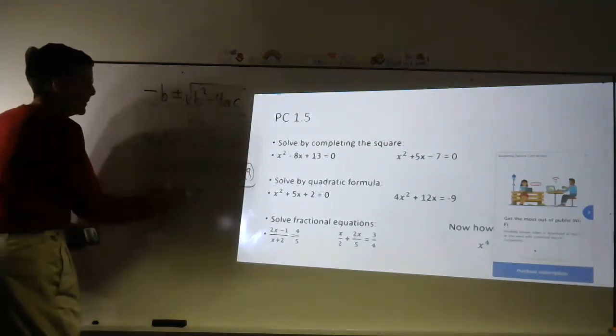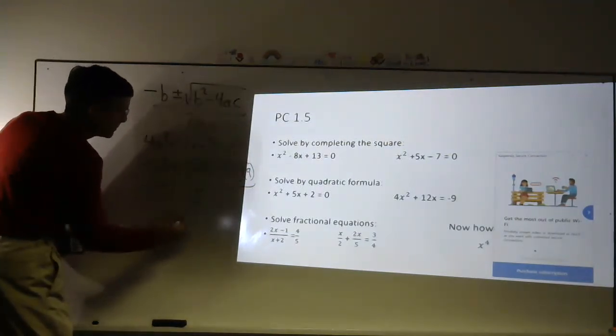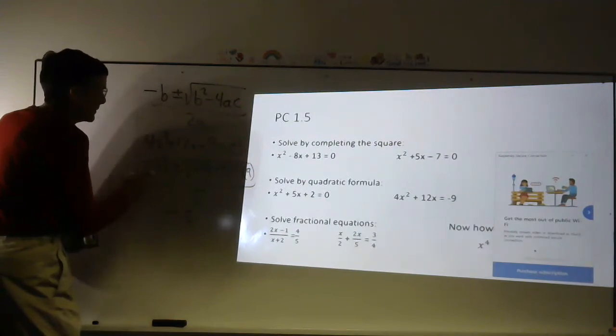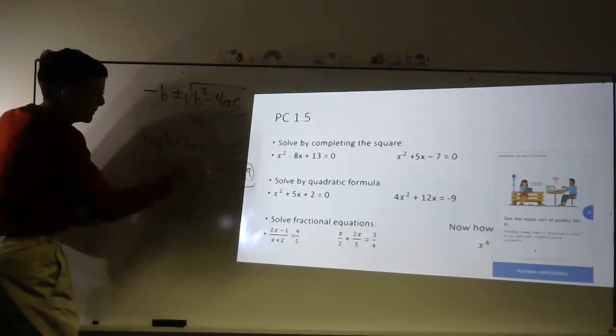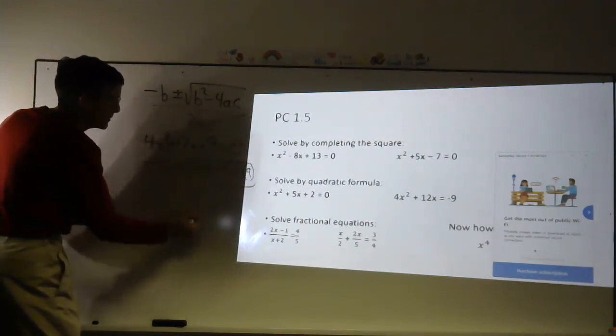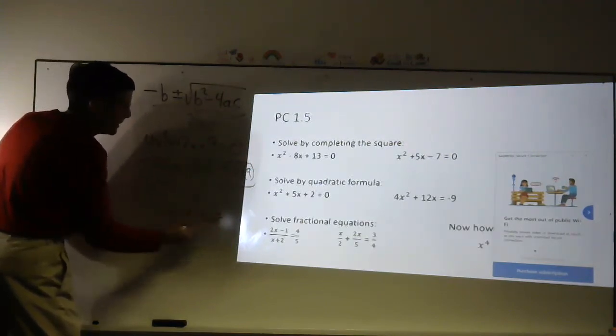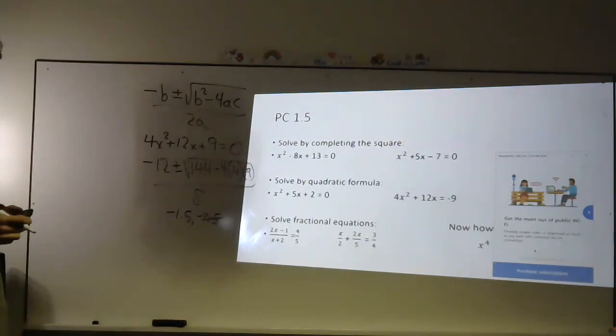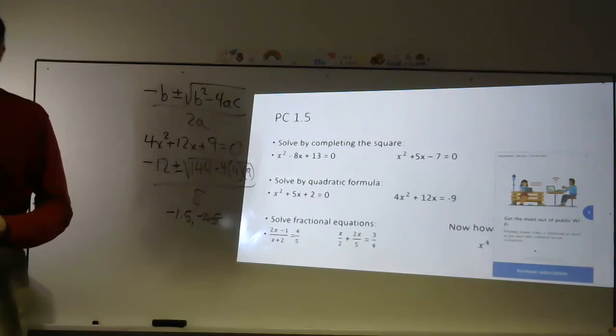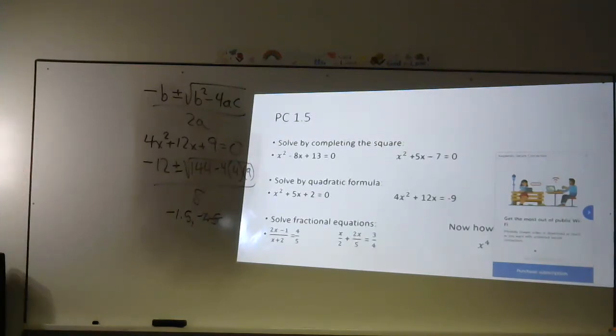So I have negative 12 over 8 is negative 1.5. And I have negative 12, that's minus 0. It's still negative 12. So it's negative 1.5 twice. You can just list negative 1.5 once, and that's your answer for solving by the quadratic formula.